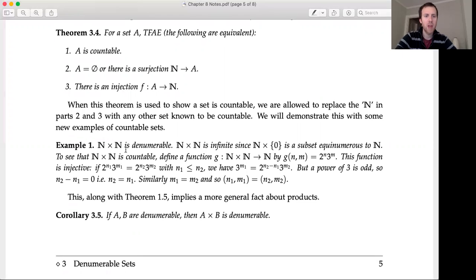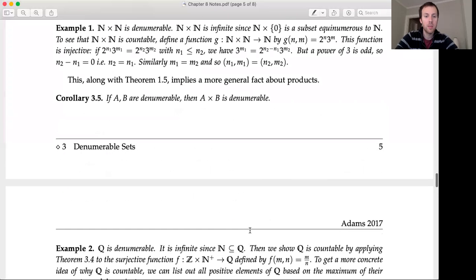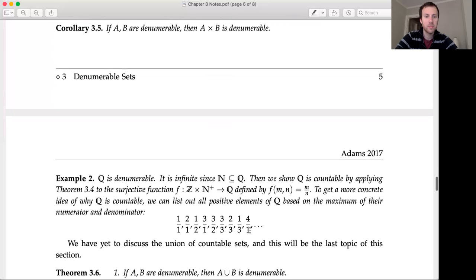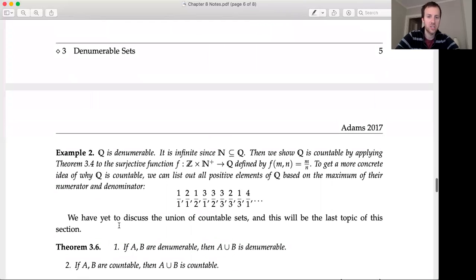This fact, combined with the theorem about products in the first section, says that if you take any two denumerable sets, their product is denumerable. This can get us an even more surprising fact: that the rational numbers are denumerable.